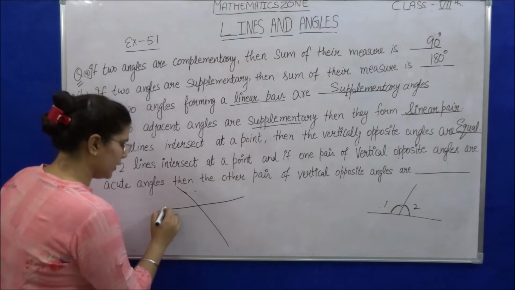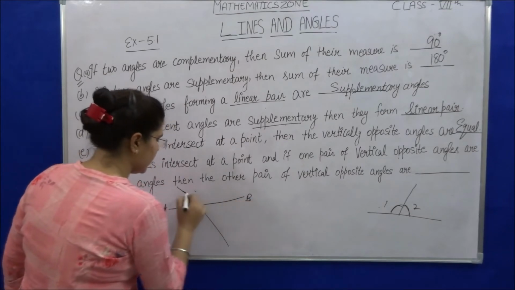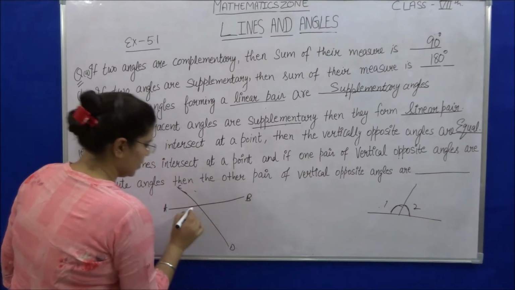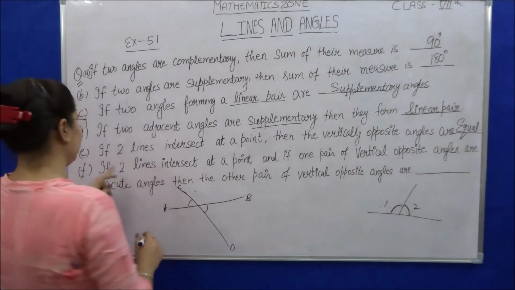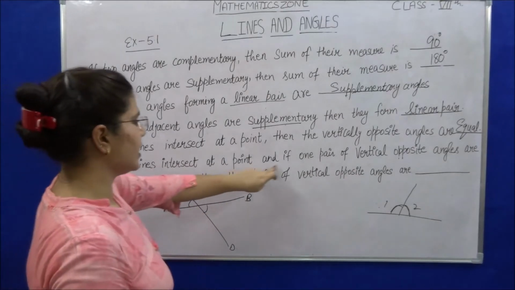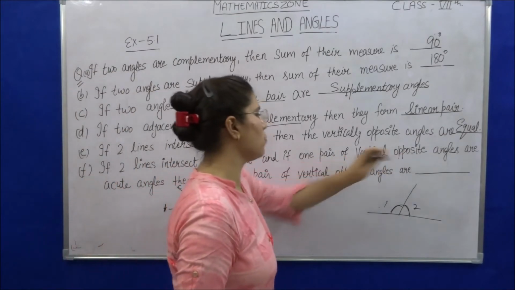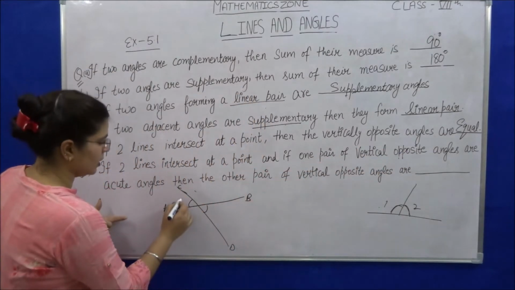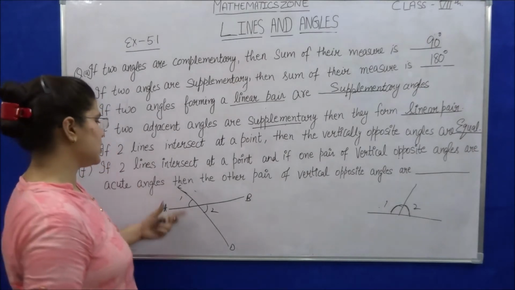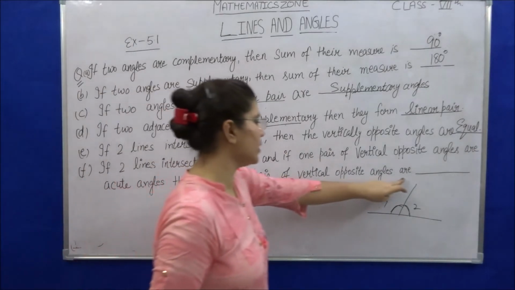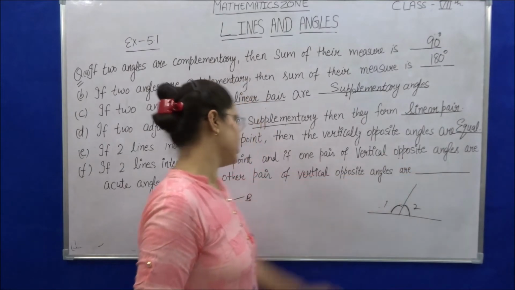If one pair of vertically opposite angles are acute angles, let it be 1 and 2. Now these are acute angles, then the other pair of vertical angles are dash.